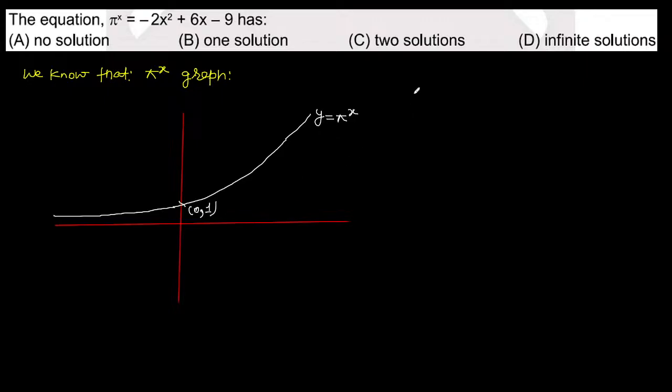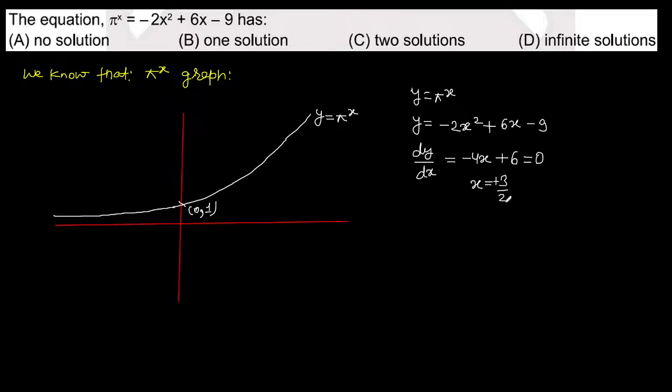We have y equal to pi to the power x, and we have y equal to minus 2x square plus 6x minus 9. dy by dx is equal to minus 4x plus 6 equal to 0. You can say x is equal to plus 3 by 2.